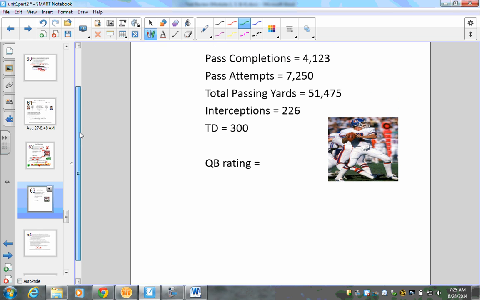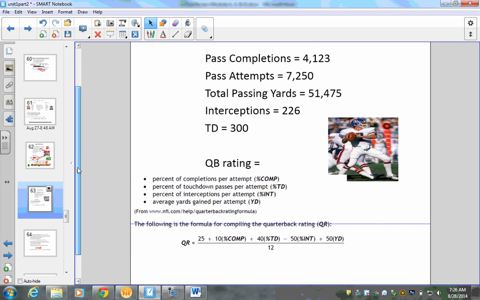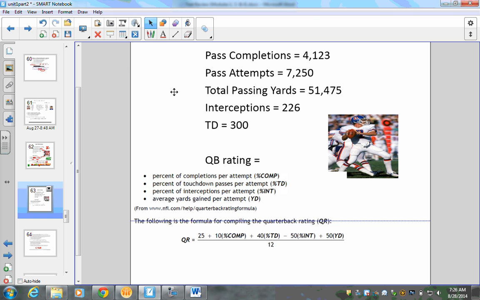Now let me get the formula back up here. This is for John Elway. I'm going to start getting my formulas taken care of here. If you want to work this, feel free. I'm just going to be silent and start working this.